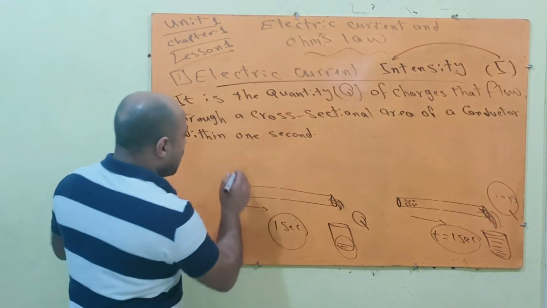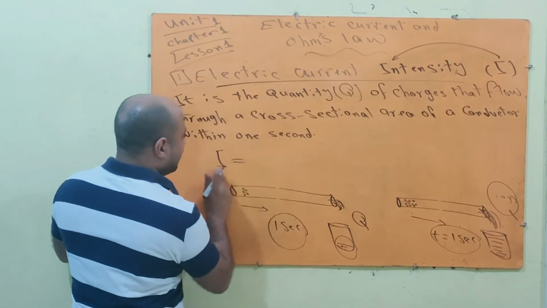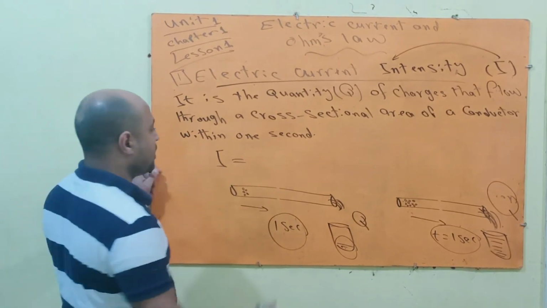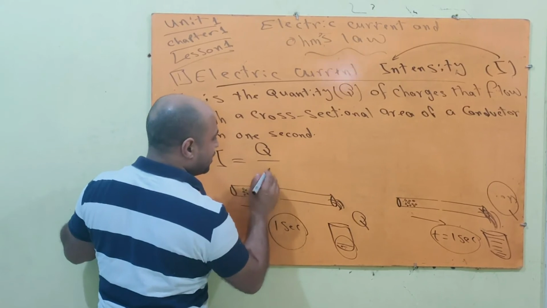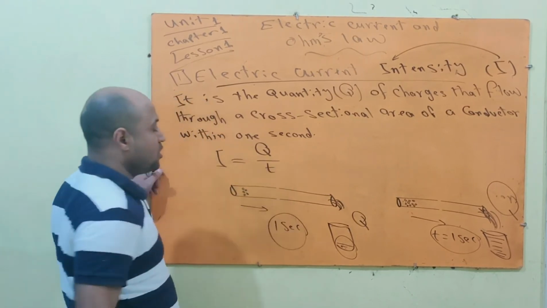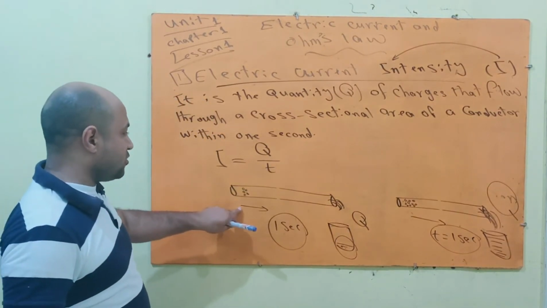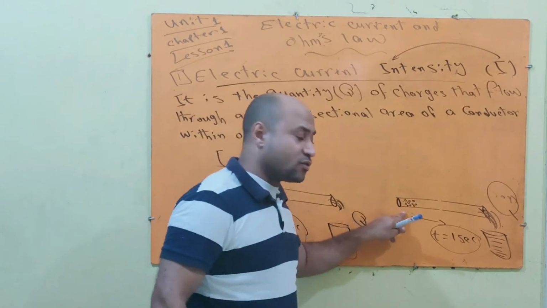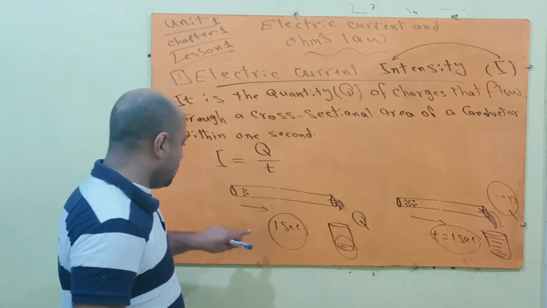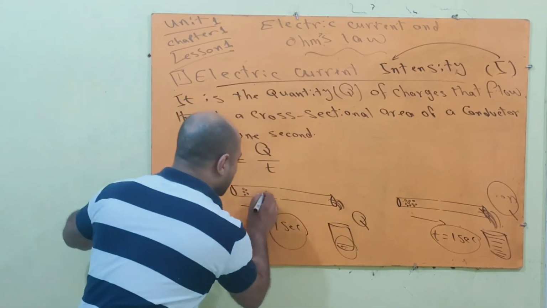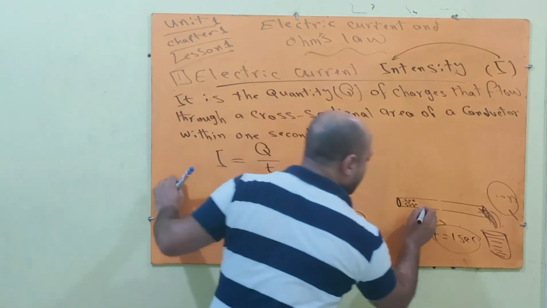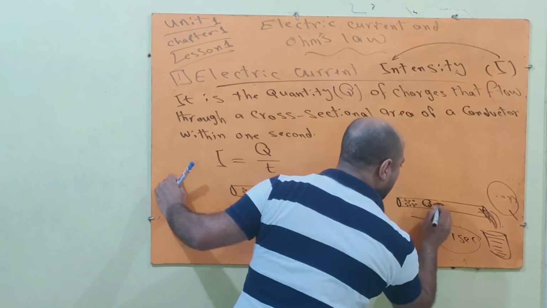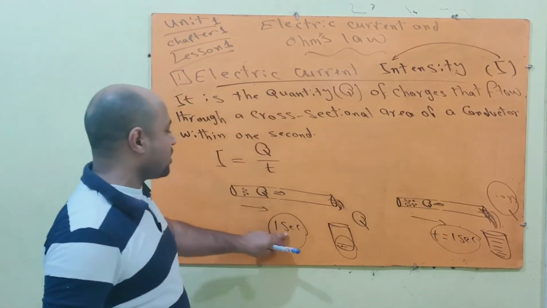So I, which is called electric current intensity, equals the quantity of charges that flow through a cross-section area within time 1 second. To compare the electric current in this conductor to that conductor, we compare the quantity of charges that flow through a cross-section area of this conductor and the quantity of charges that flow through the cross-section area of that conductor in time 1 second.